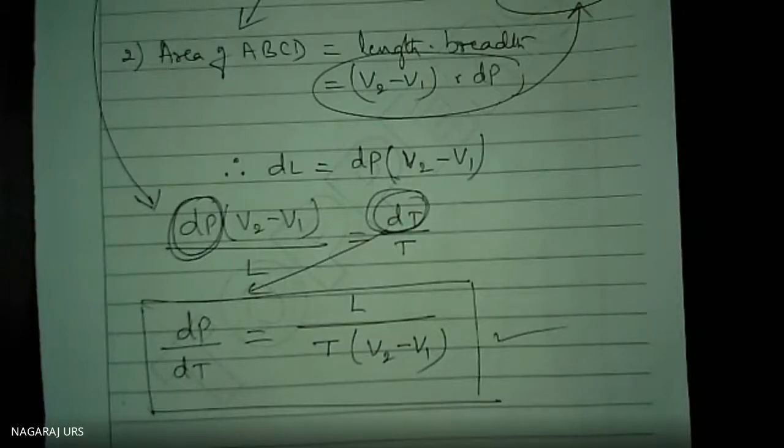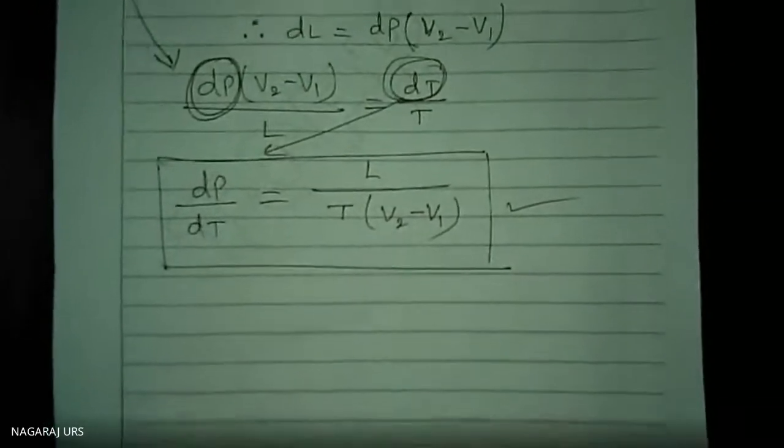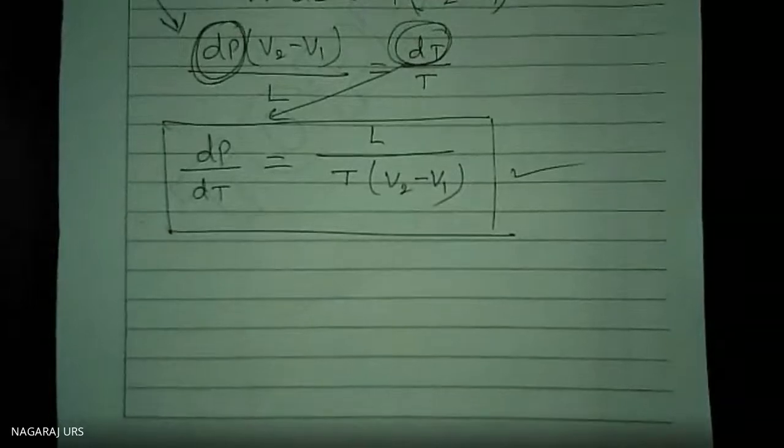That I will take up now. 2 marks question. Next 2 concepts, each carries 2 marks. The first one is: explain the effect of pressure on the melting point of a substance by using the Clapeyron latent heat equation. Okay, this space is enough to explain that one.